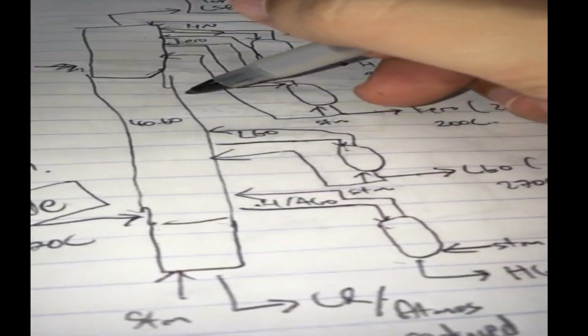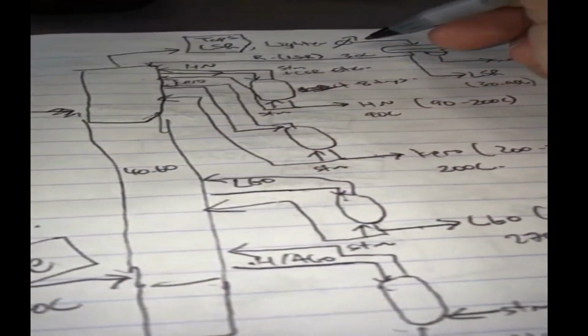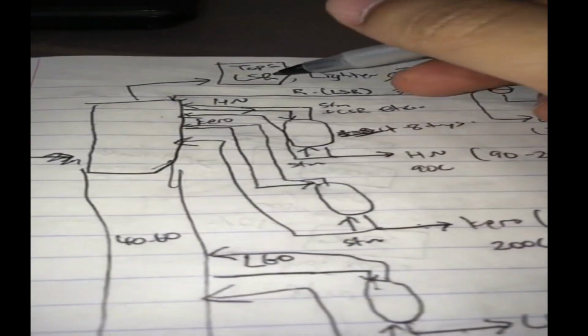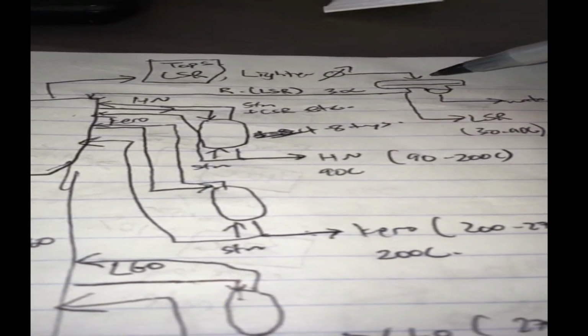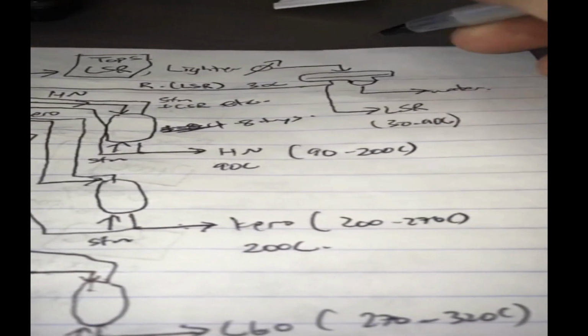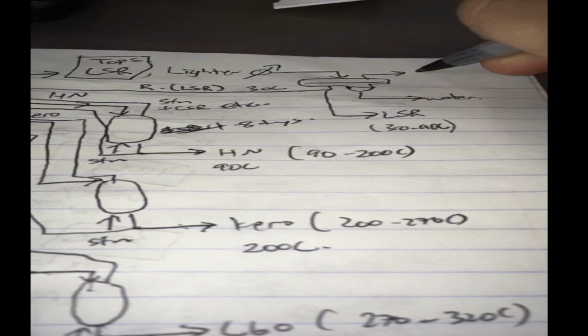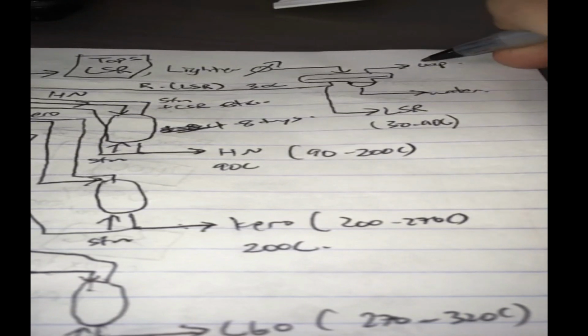So we use steam to strip out all the light components to the top, and at the top you will collect your light straight run naphtha and butanes and lighter. Light straight run naphtha or gasoline will be condensed here in a separator. This will have a gas layer, vapor, and butanes and lighter.